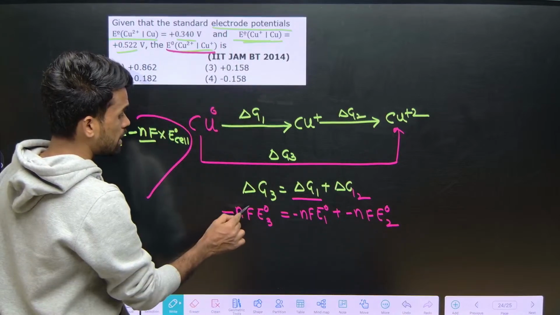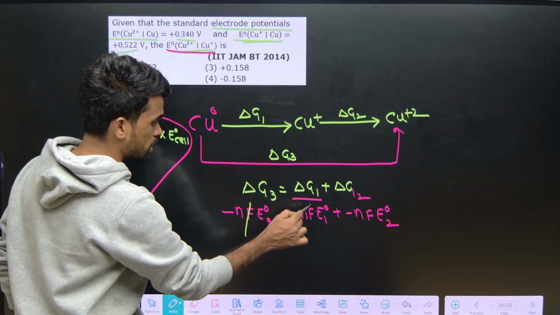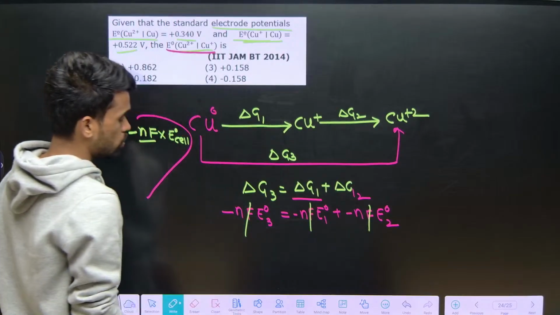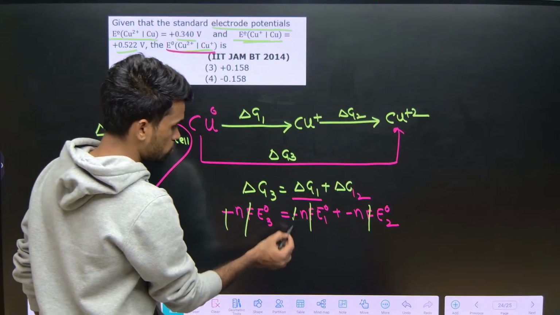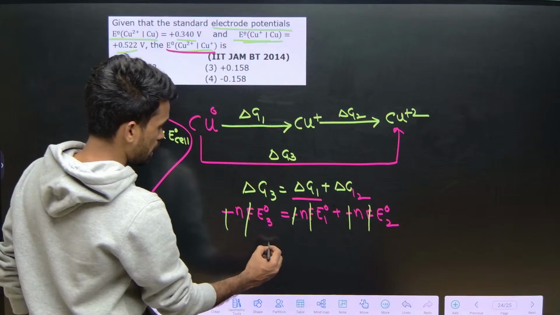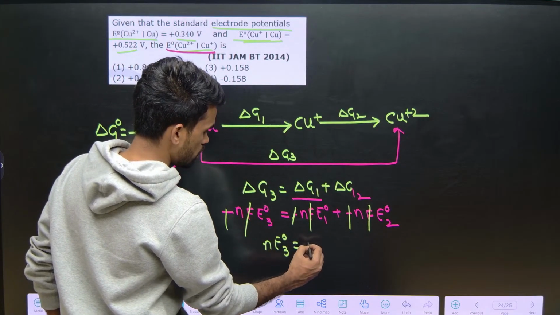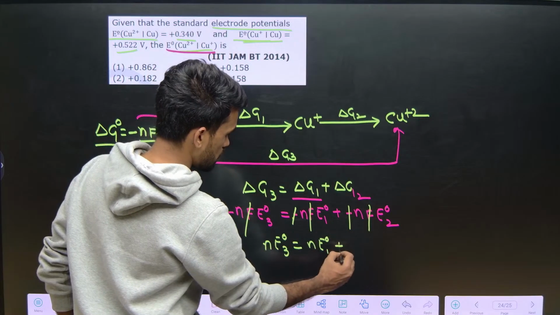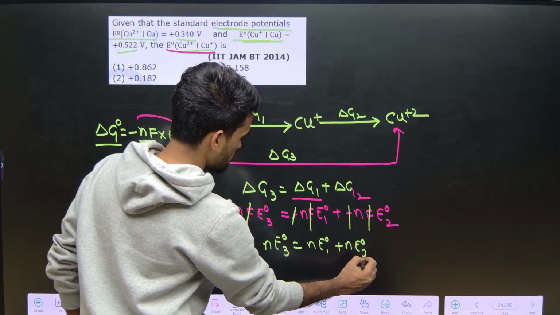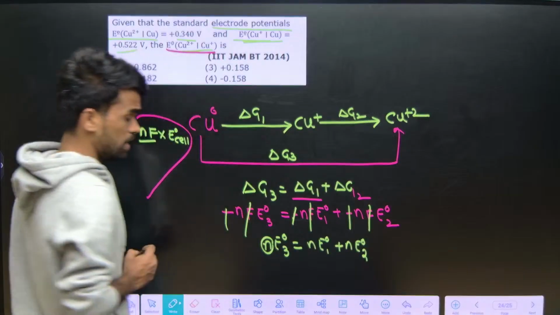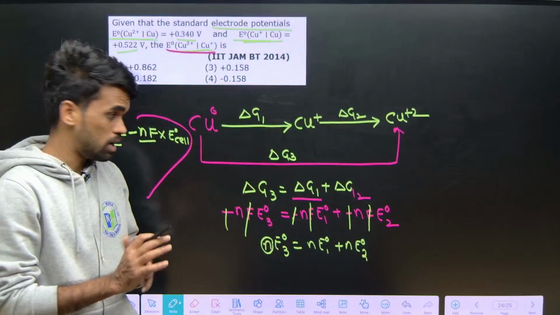Here Faraday's constant F is the same on all sides, and the negative signs are also removed. So you can write nE0 3 equals nE0 1 plus nE0 2. What does n indicate here? n indicates the number of electrons involved in that process.